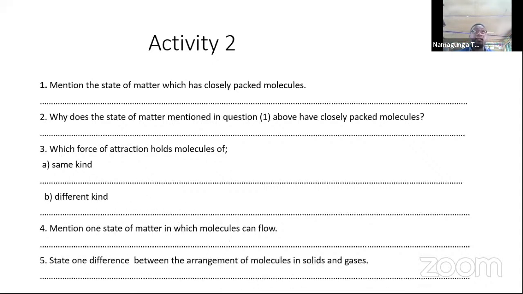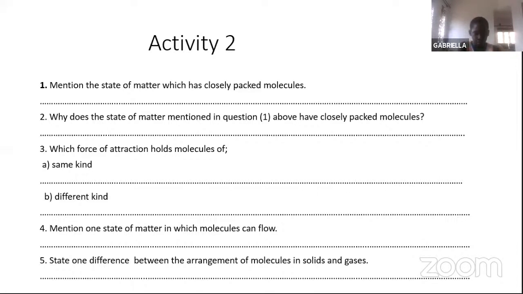Number 5, I request Gabby. Please, can you read? State one difference between the arrangement of molecules in solids and gases.